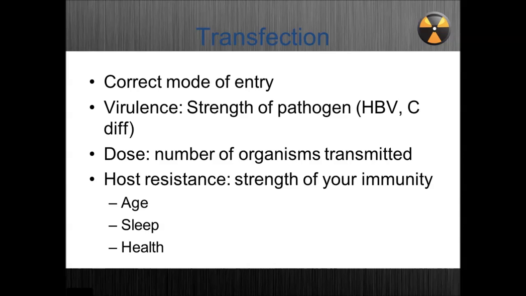Zero. Because that blood has to get into your body. Now, if you've got open sores or cuts or abrasions on your skin, well, then you should be nervous. Okay? So the transmission of the infection from one person to another has to happen the correct way.